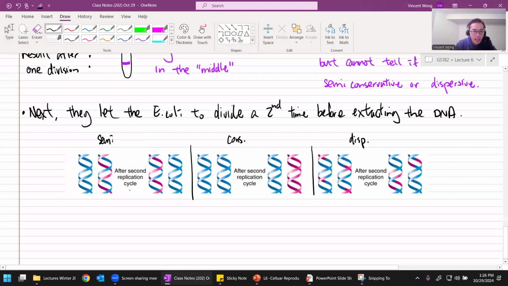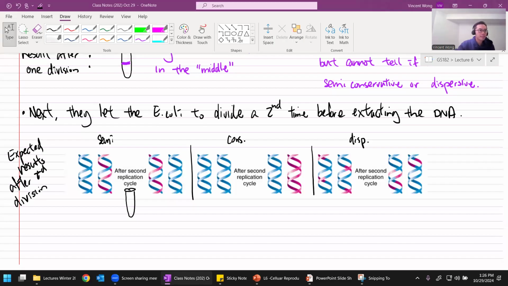If you extract the DNA and you separate it, what's the expected result after the second division? Well, think about it. You will have the N14 at the top, right? N14 at the top from these guys. And then you will have a middle band from that and that.